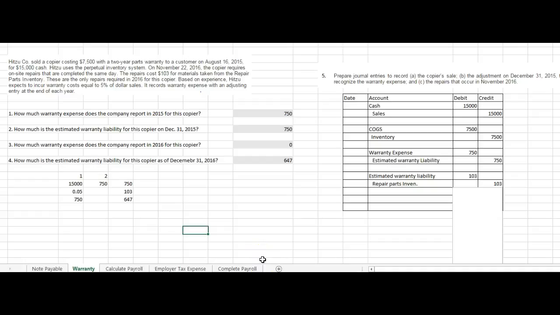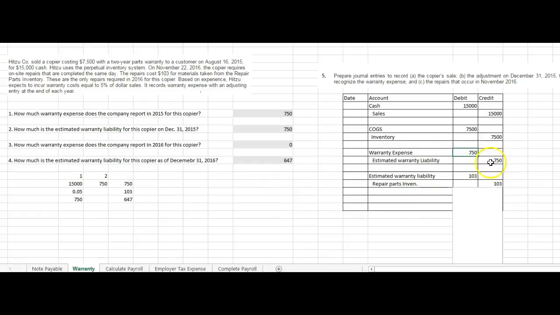So that estimated warranty liability goes up and down, just like the accounts receivable allowance did. We watch that, because even though we show this expense, we're saying it's an estimated liability. We may have to come back and reevaluate this.